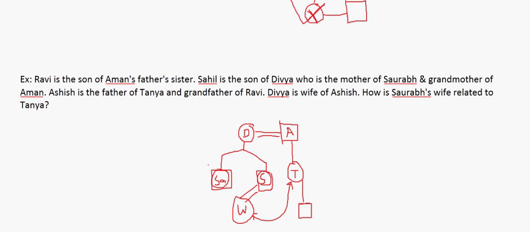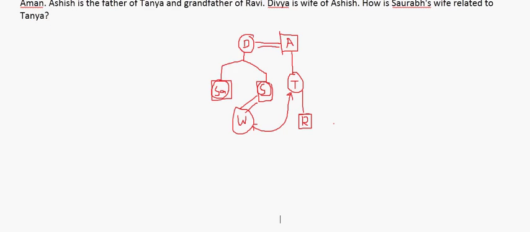And Aman is either son of Saurabh or Sahil. We cannot determine that, right? So here is Ravi. And Aman can be son of Sahil or Aman can be son of Saurabh. We cannot determine it, right? So this is how we make a complete family tree out of this question, right? Hope you understand it. Let's go to the next question.